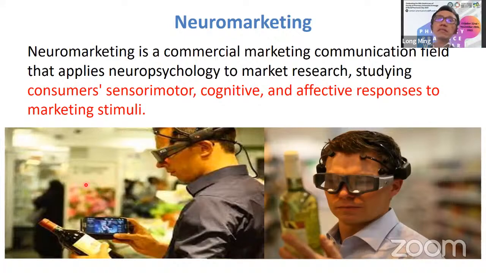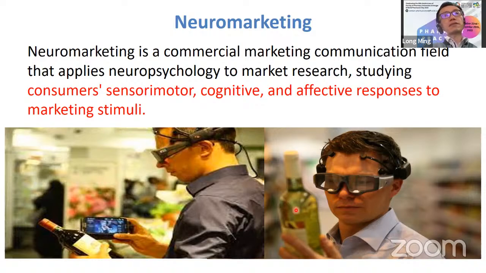Another very interesting one is neuromarketing. As you can see, they have this headgear that can connect to their brainwave, and also measures the dilatation of the eyes. There are different methods we're going to go through later. This helps to quantify the consumer's sensory, motor, cognitive, and affective responses when they are exposed to a new product.